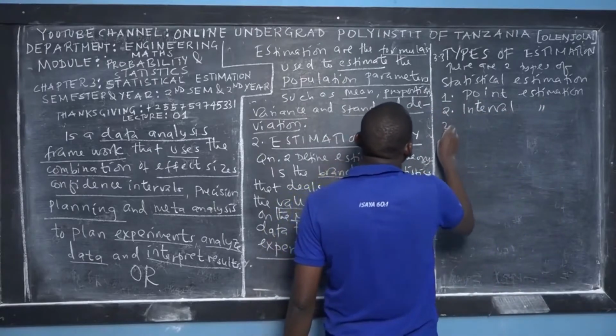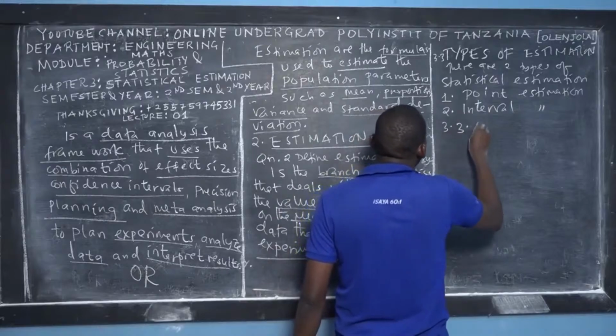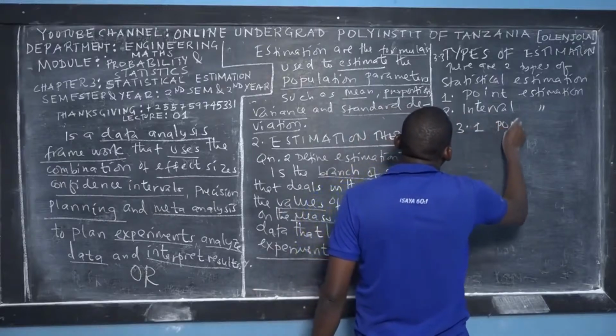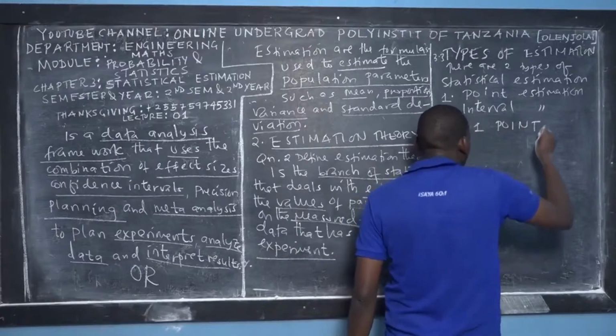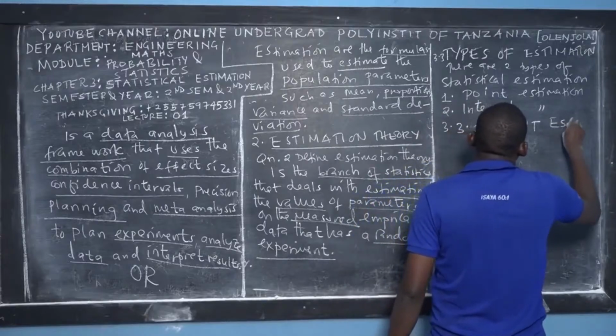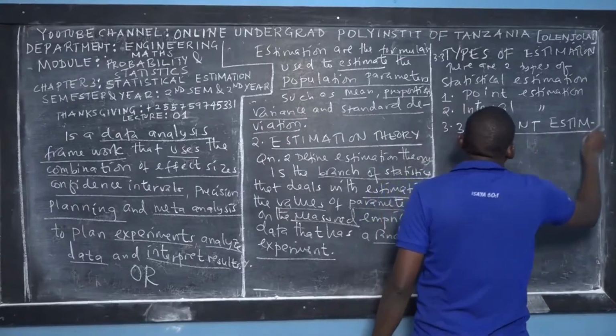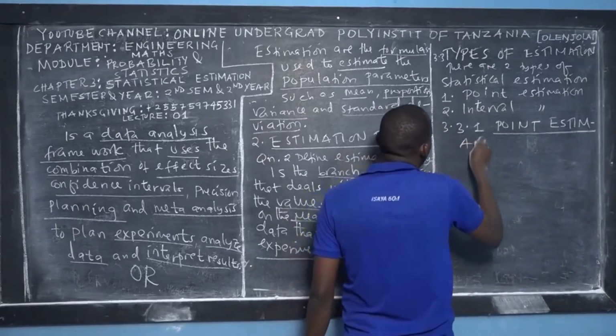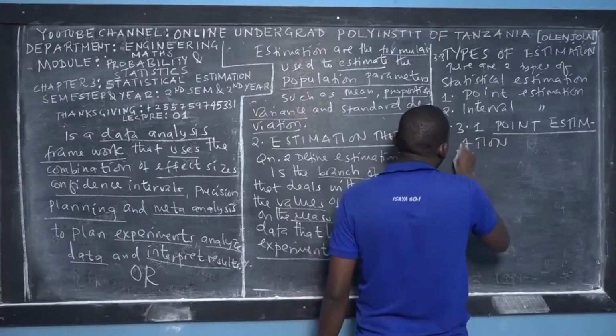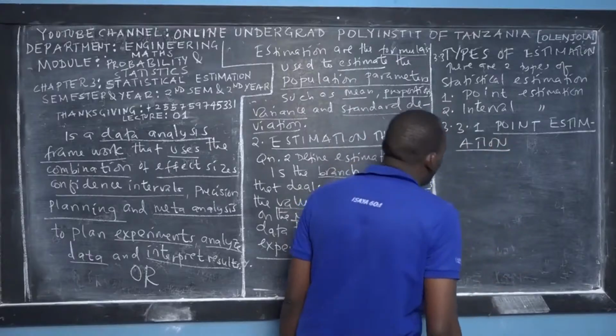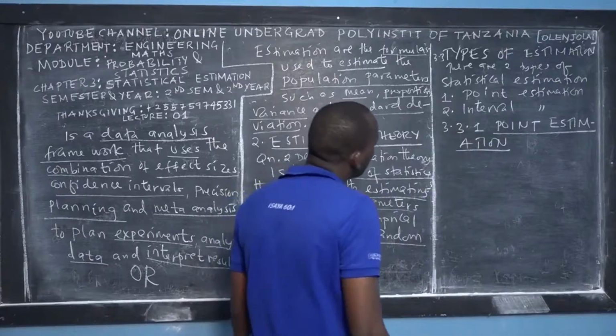So let us learn the meanings of point estimation. Let us define it before we learn it in detail in the second lecture, because in the second lecture we're teaching about the point estimation of the mean, point estimation of variance, point estimation of what?